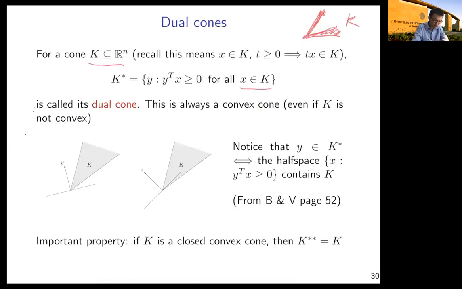Okay. So in this case, the K star actually is, let's say that this is the part that's perpendicular to this, and this is the part that's perpendicular to this. And in order for the direction to be positively correlated with anything that's inside this cone, then this is the boundary that the dual cone needs to satisfy.